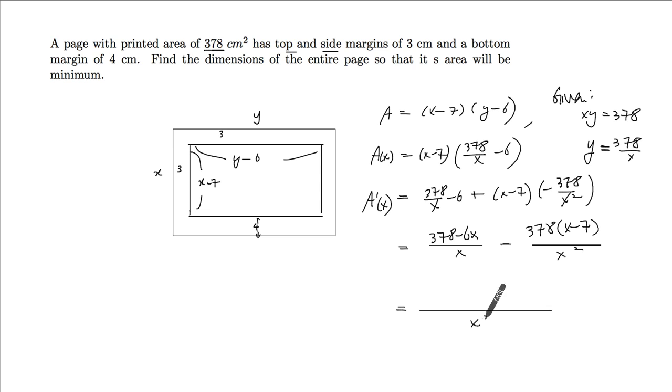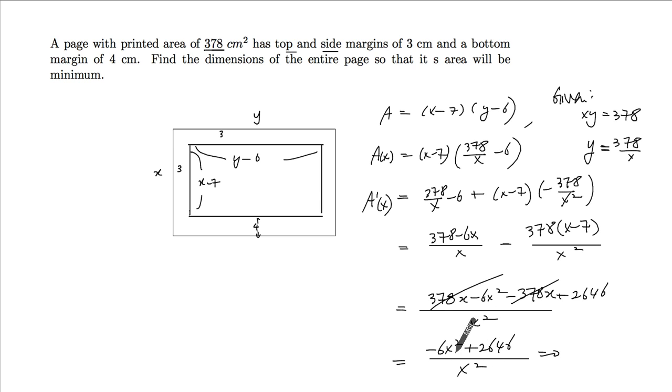Combine it all. You're going to multiply this by x. Right, so x minus 6x squared minus 378x plus 7 times 378. That cancels out, so we actually get minus 6x squared plus 2646 over x squared.